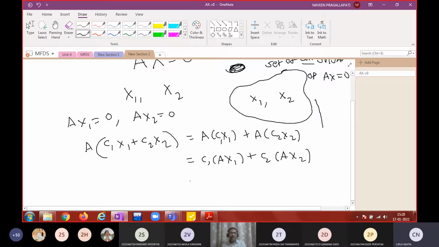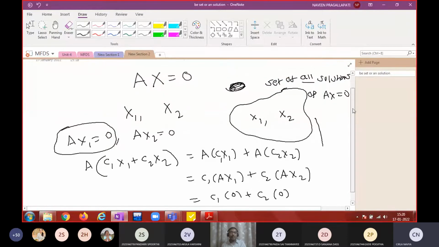But what is Ax1? 0. And what is Ax2? 0. That means c1 x1 plus c2 x2 is also a solution of the homogeneous system Ax equal to 0.